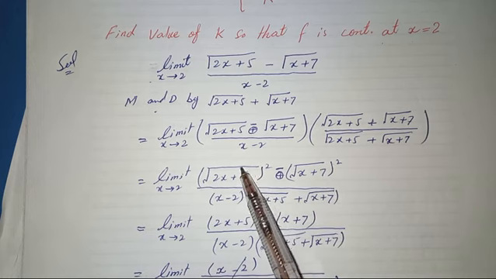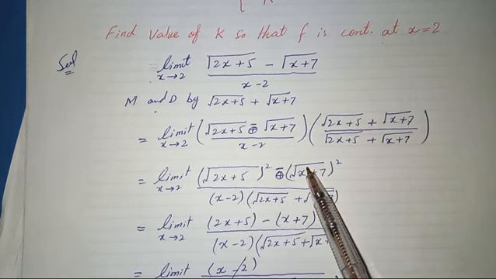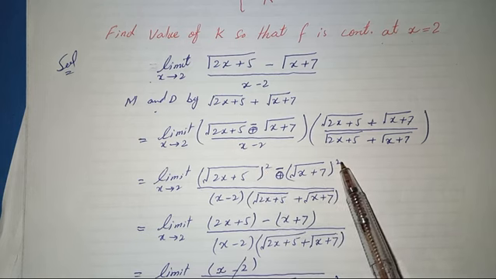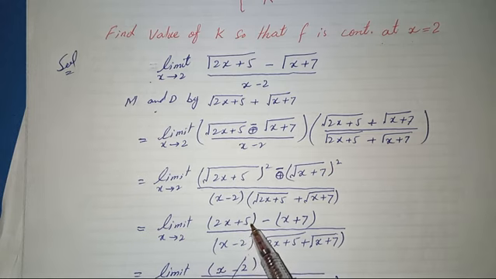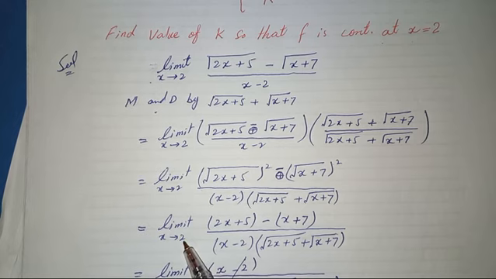The square root is cancelled out with this square, same here, and the remaining term is 2x plus 5 minus (x plus 7). While in the denominator x minus 2 as it is, whereas square root of 2x plus 5 plus square root of x plus 7 is written as it is, before applying the limit x tends to 2.